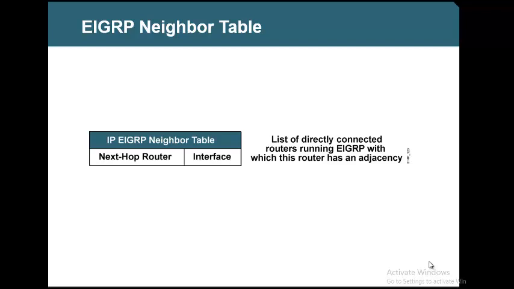EIGRP maintains a neighbor table. For every neighbor, the interface via which the neighbor is connected is also listed. So the neighbor table will have the next hop router's address as well as the interface.